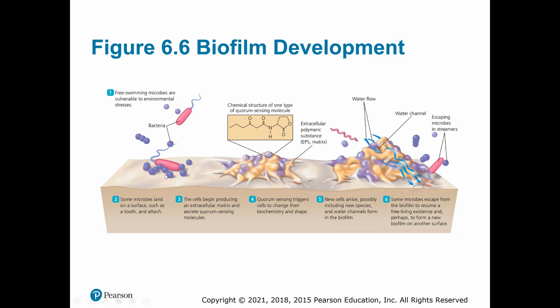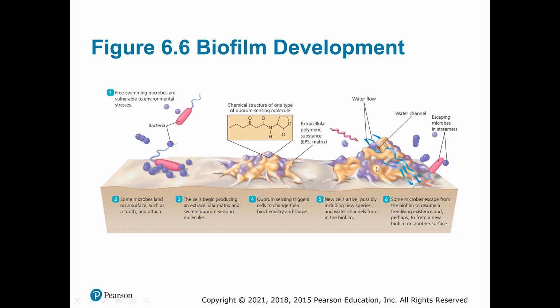When they do that, they start producing an extracellular matrix. So it's almost like these neighboring cells are forming a tissue. You can kind of think of a biofilm as a type of tissue. When they start doing that, they start secreting what's called quorum sensing molecules. Those are signals. They tell the cell to change their biochemistry and their shape to allow them to work together as a team and also to invite more cells to the biofilm.